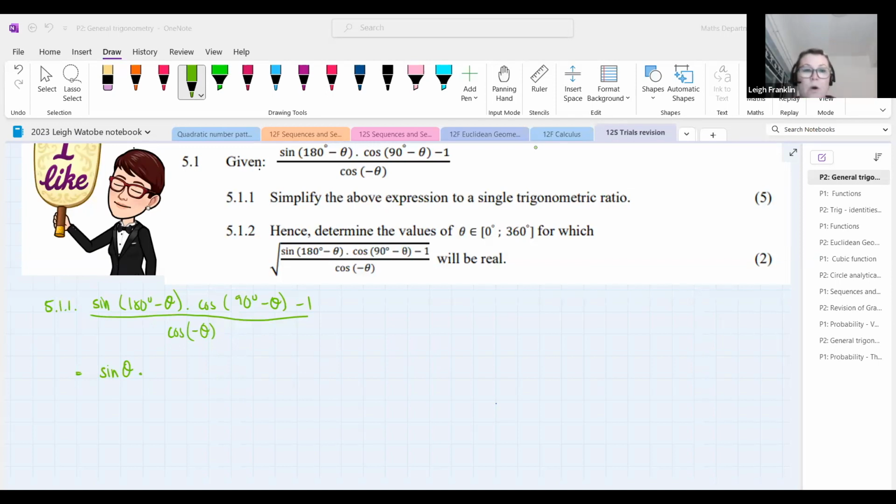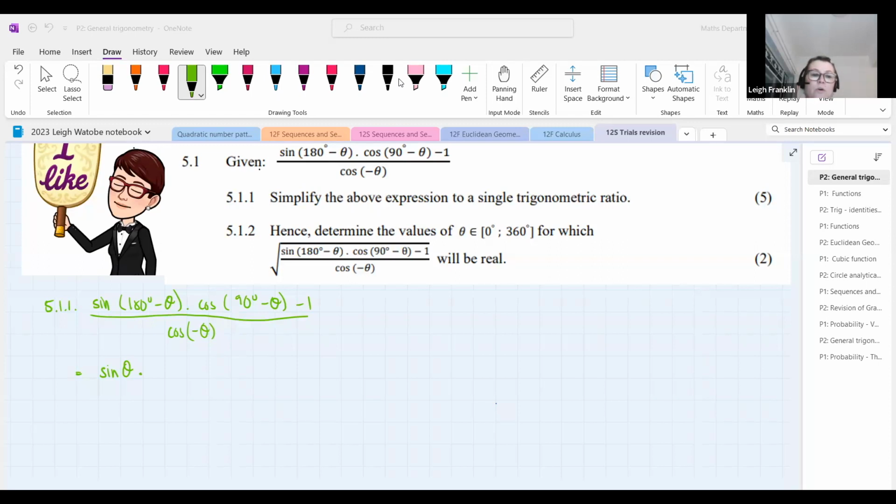Now the next one, cos 90 minus theta. What is that going to reduce to? No, 180 minus theta is the second quadrant.